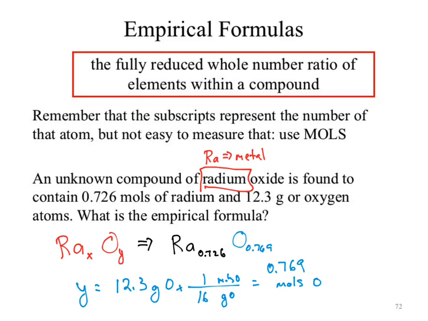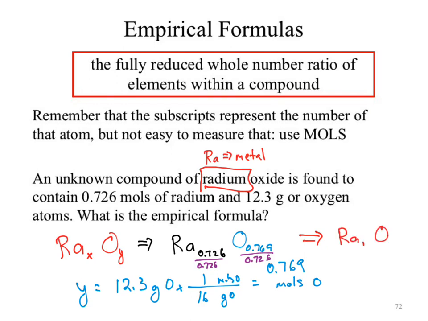No. What was the last step of empirical formulas? Take the smallest mole amount and divide all of your numbers by that. So 0.726 divided by 0.726, 0.769 divided by 0.726. What would we end up with?